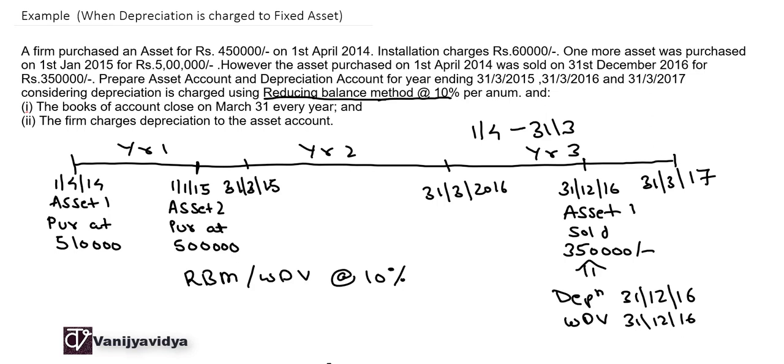Then we compare it with the selling price of 3,50,000 and find out what is the profit or loss on the sale of the asset. So let's first calculate the depreciation and WDV on 31st December 2016 only for asset 1.